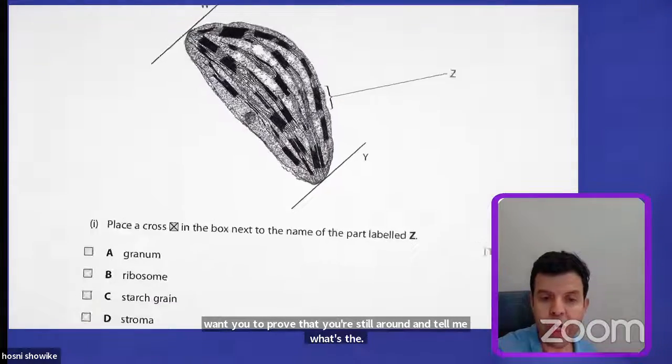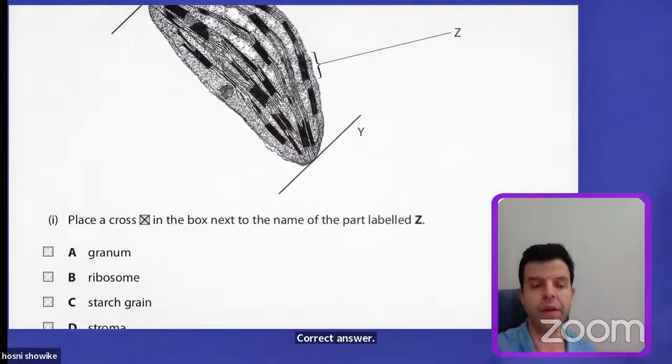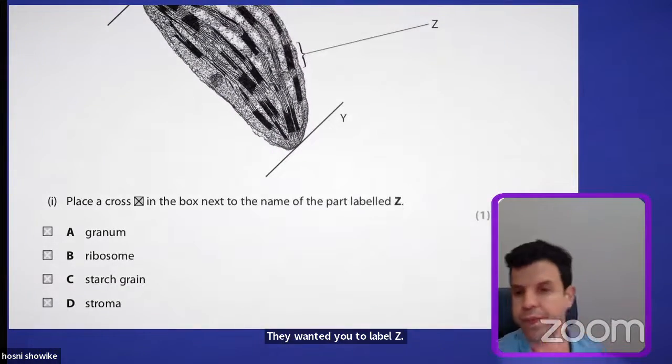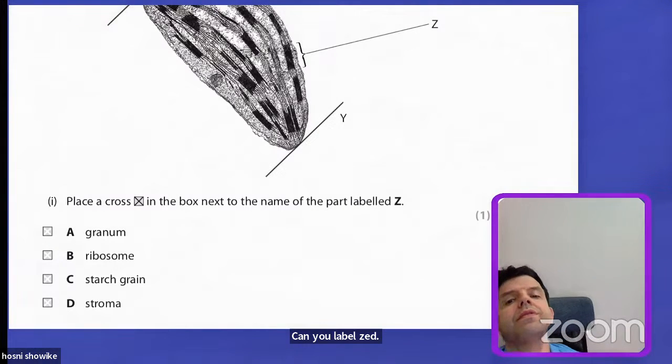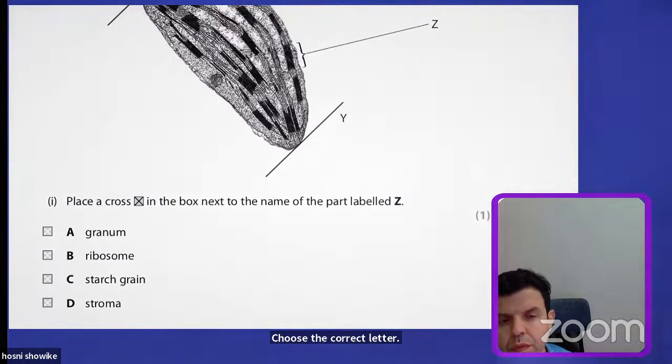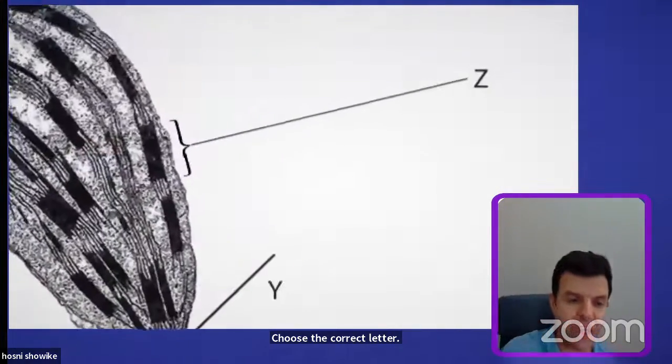They wanted you to label Z. Do you see Z? Can you label Z? Choose the correct letter. You want me to zoom in? Here's Z.